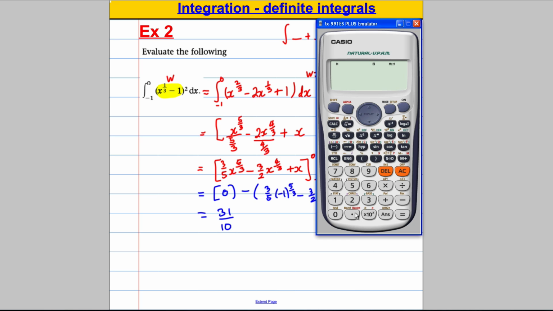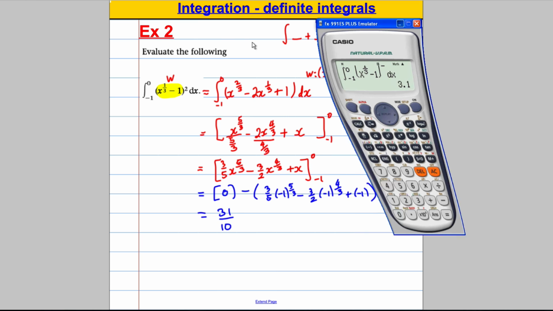Sometimes it takes a little while to do it when it's a fairly complicated one, but if you just let that work through, hopefully with a bit of luck it will give us our answer. It gives 3.1, which is, if you check, obviously 31/10, so we know we got the right answer there.